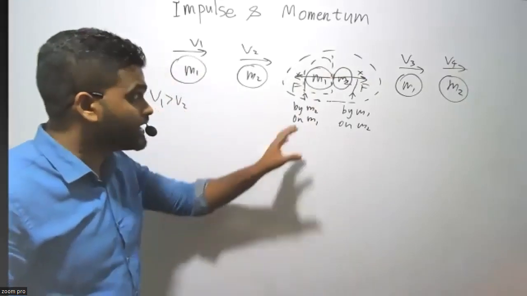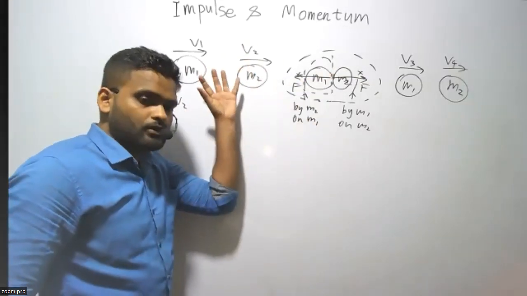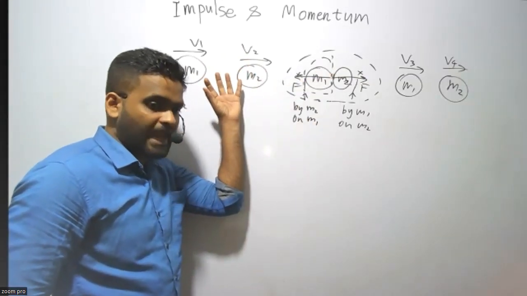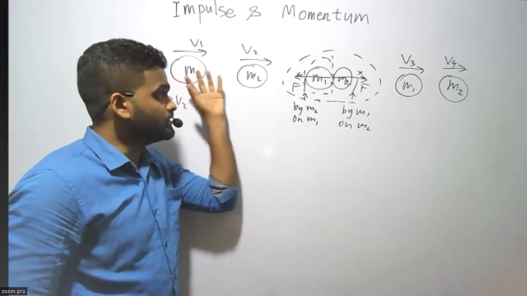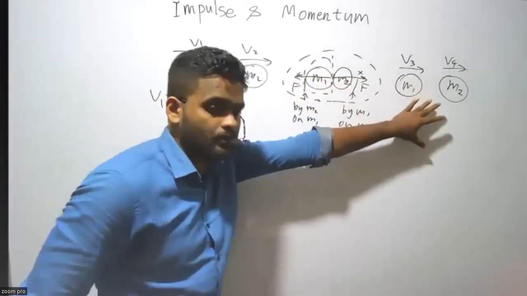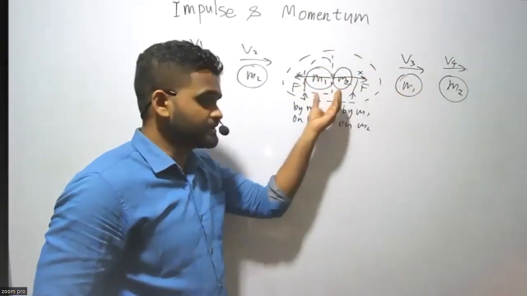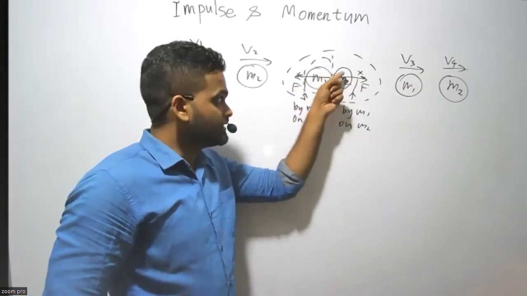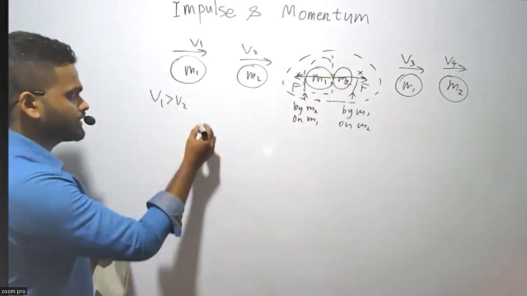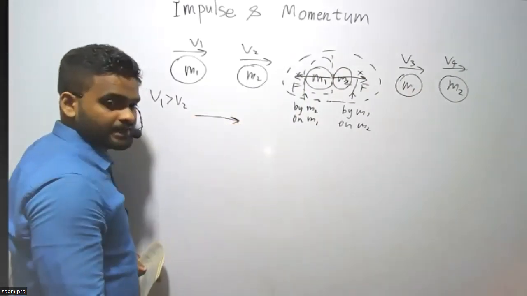What does it mean? Momentum before collision cannot be changed. Momentum before collision is equal to momentum after collision, because due to the collision there is no external force acting. These forces cancel off. So how can you write that?